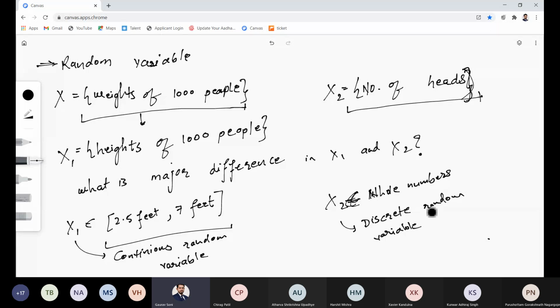And we will be studying one probability distribution for continuous random variables. The next probability distribution that we are going to see now is the Poisson distribution.